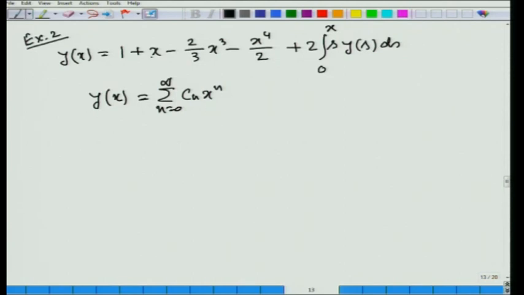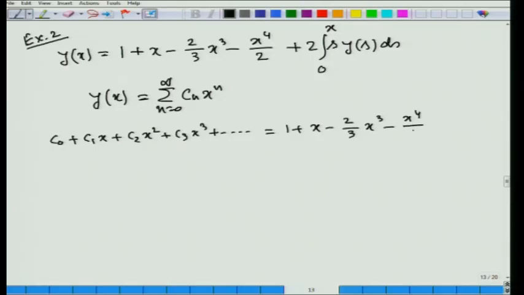Now, if we substitute this series into the given problem, then we will have C 0 plus C 1 x plus C 2 x square plus C 3 x cube plus so on, equal to 1 plus x minus 2/3 x cube minus x to the power 4 by 2 plus 2 sigma n running from 0 to infinity, integral 0 to x, s to the power n plus 1 ds.